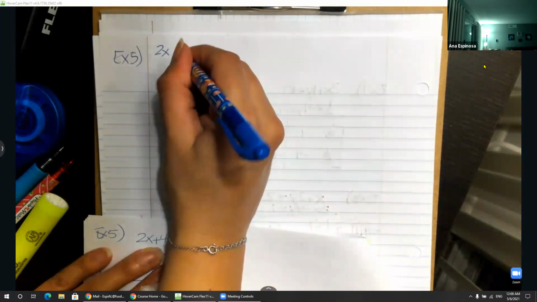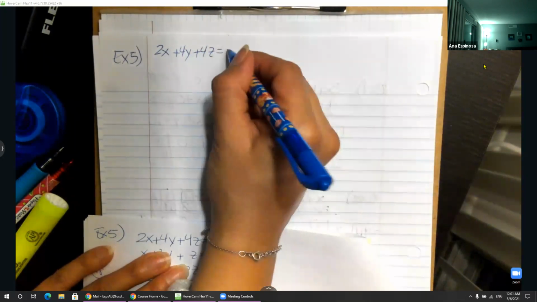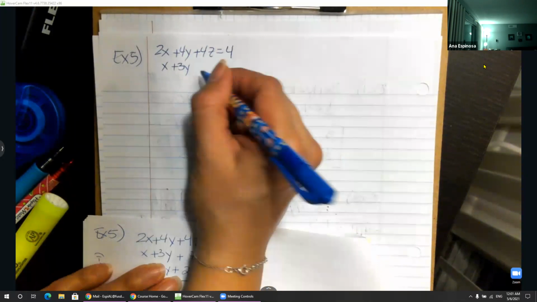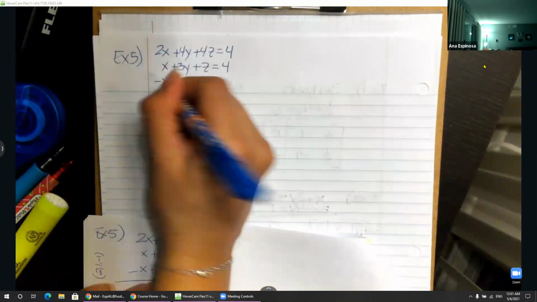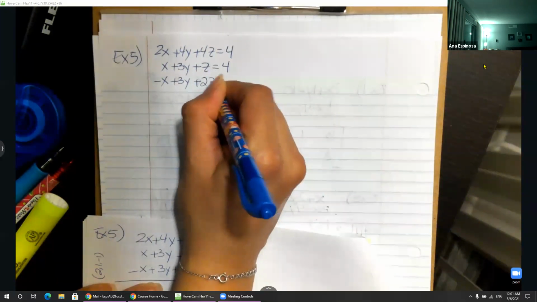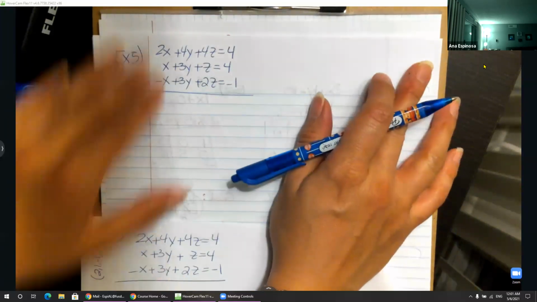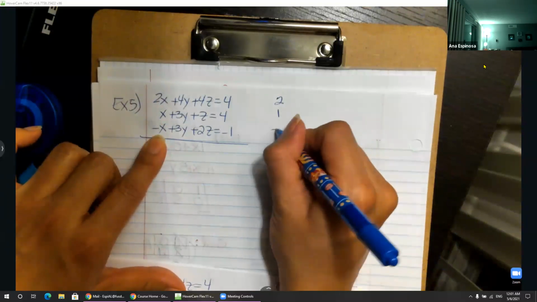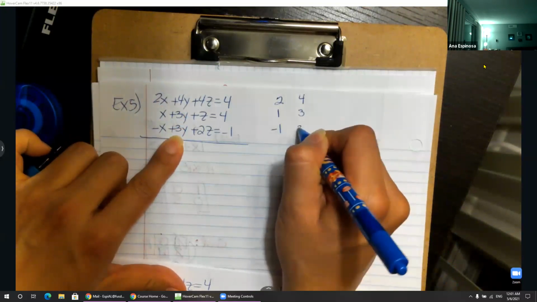So it's 2x plus 4y plus 4z equals 2, 4x plus 3y plus z equals 4, negative x plus 3y plus 2z equals negative 1. I'm going to write the matrix without the variables. 2, 1, negative 1. 4, 3, 3.